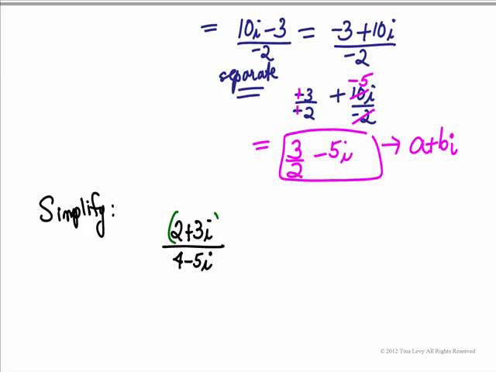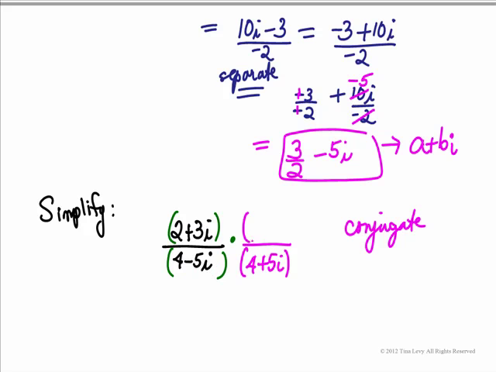First step is these are put in parentheses, and now we're going to have to get rid of the i on the bottom. Difference of squares will give us an i squared. We're going to multiply top and bottom by the conjugate. The conjugate is basically the same expression with the opposite sign. So 4 plus 5i, 4 plus 5i.